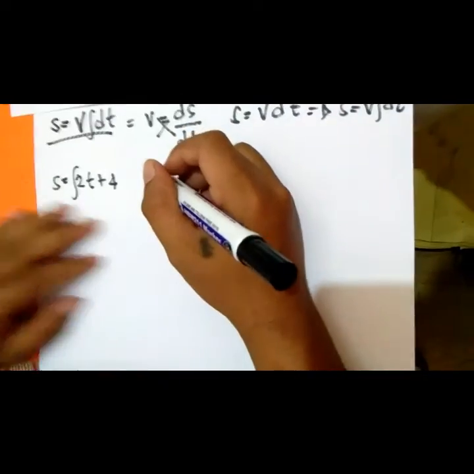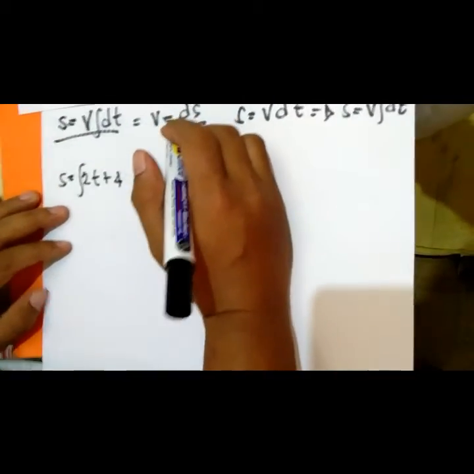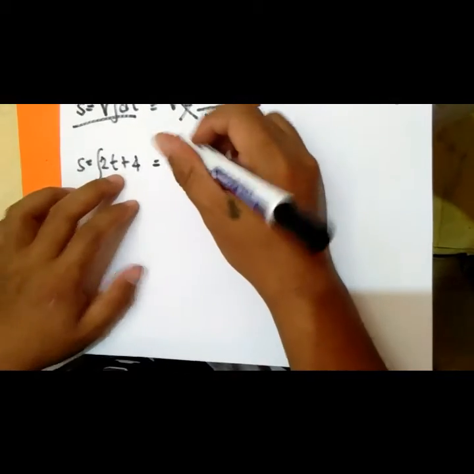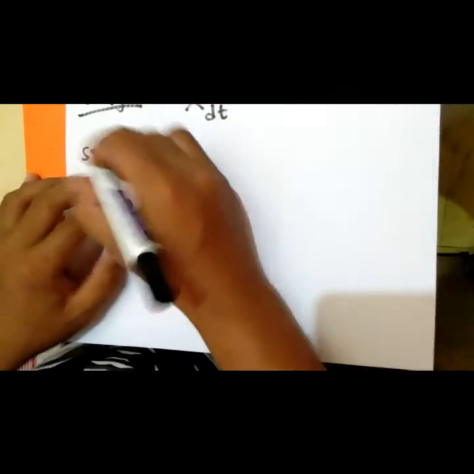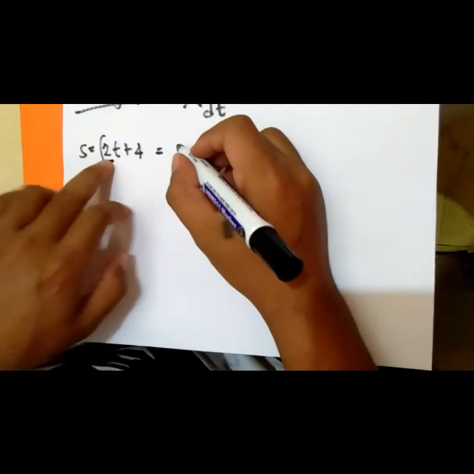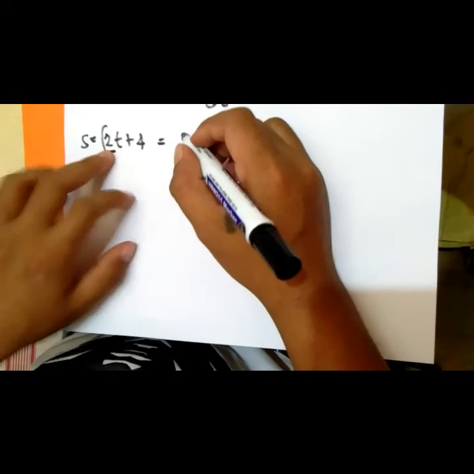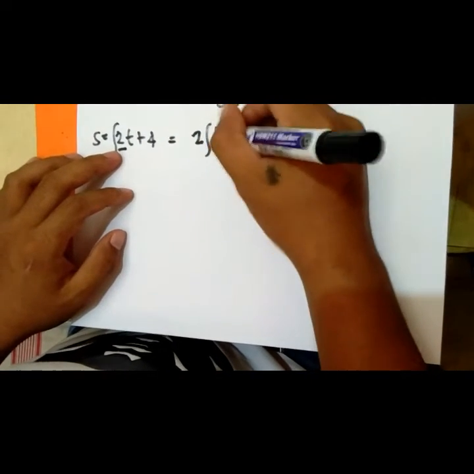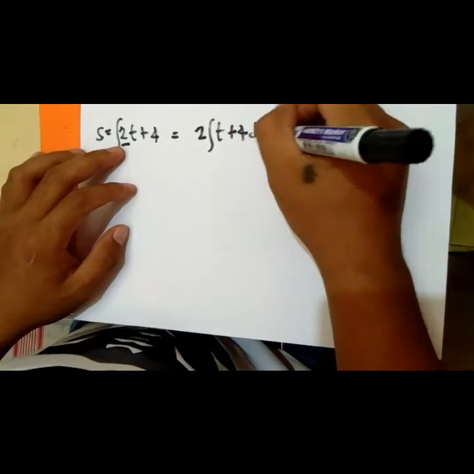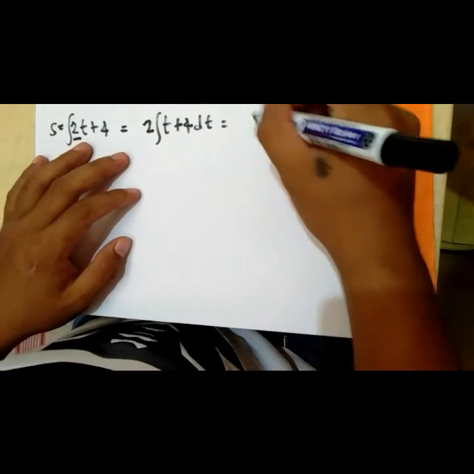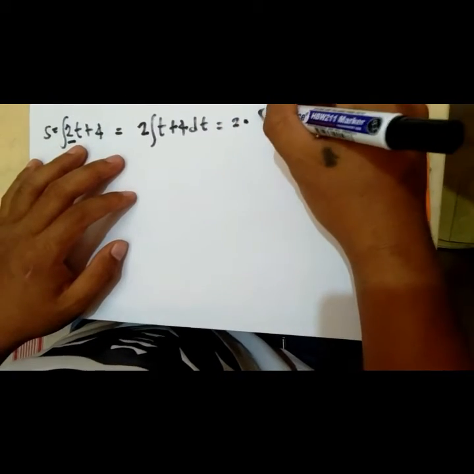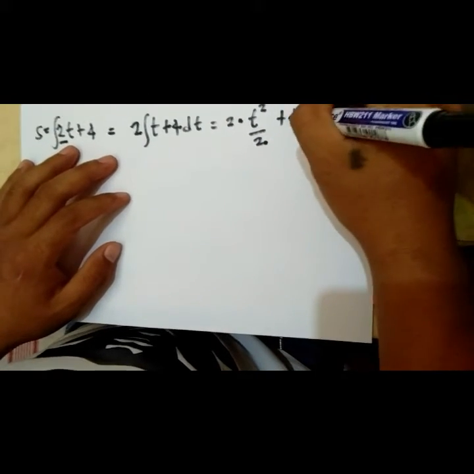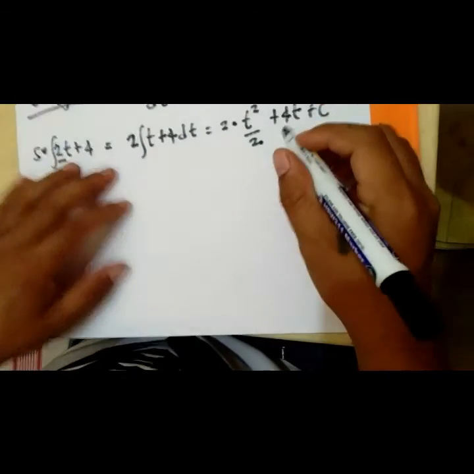The 2 is a constant, so we will not include it in the integration process. So this will become 2 times the integral of t plus 2 dt. Then this will become 2 times t squared over 2 plus 4t plus c.